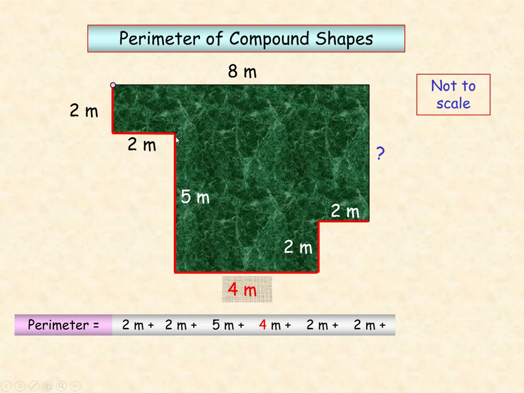Now this is 5, and to get up to the top is add another 2, is 7 altogether. So from the bottom to the top is 7. So if that's 2, 7 take away 2 leaves me with 5 here. I can add a 5 and add 8. Then I work it all out. Gives me a total of 30 meters.